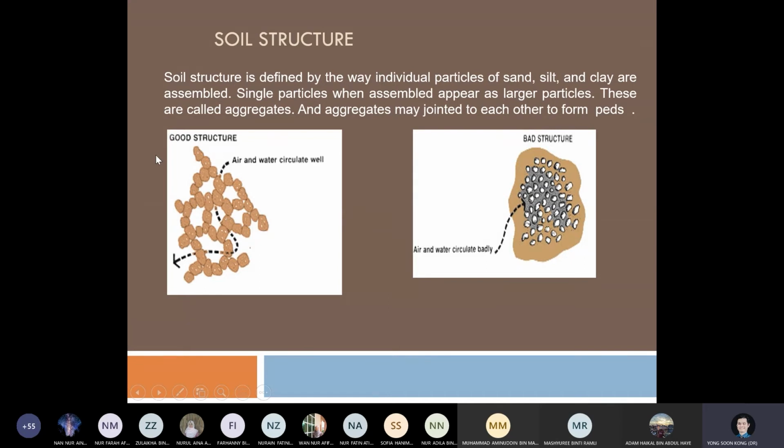So for a soil that is considered good in structure, it must be able to let air and water pass through freely, but not too quickly, because a good soil also depends on how well it can retain moisture. Now, if you look at the other side, bad structure, air and water circulate badly. What kind of soil will have this kind of condition? Straight away you're probably going to think clay, right?